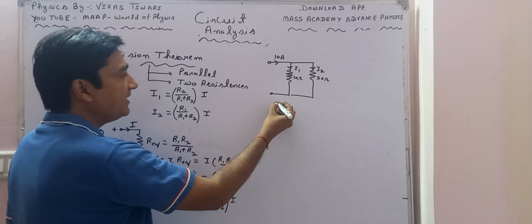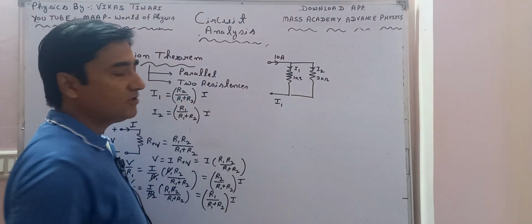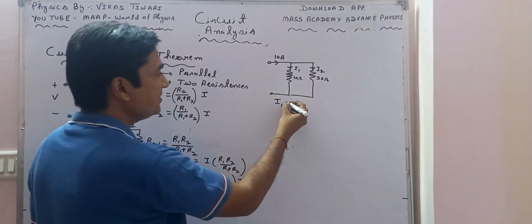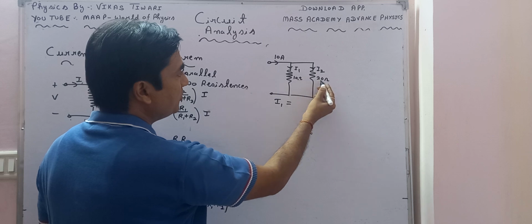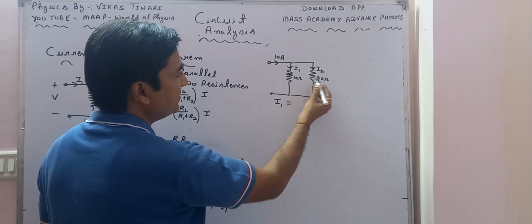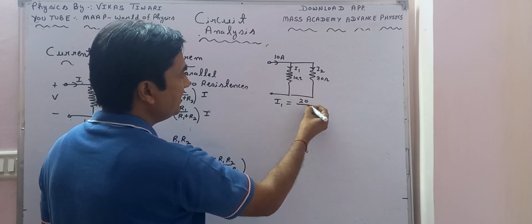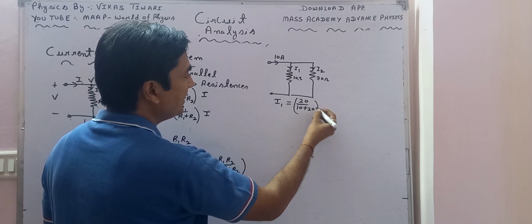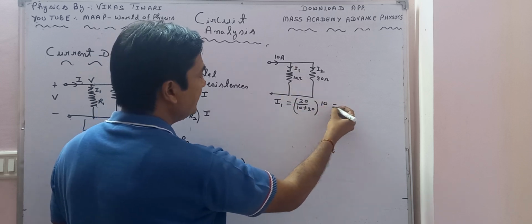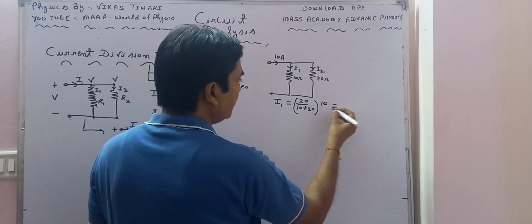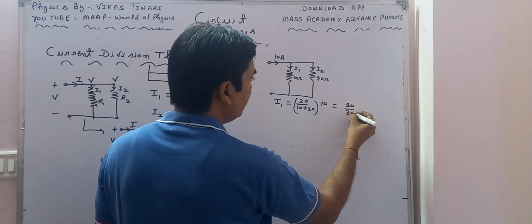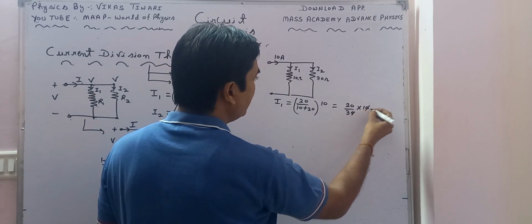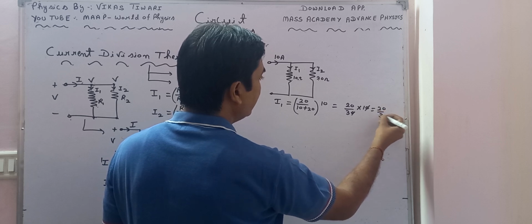If I want to find the value of I1, I put the resistance which is in front of this one. So I say 20 upon 10 plus 20, and total current 10 ampere. So it is 20 upon 30 into 10, which becomes 20 by 3 ampere.